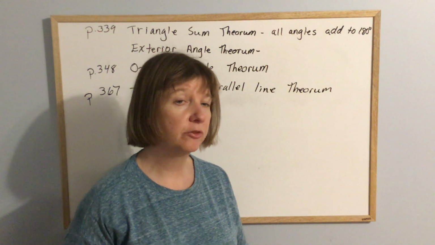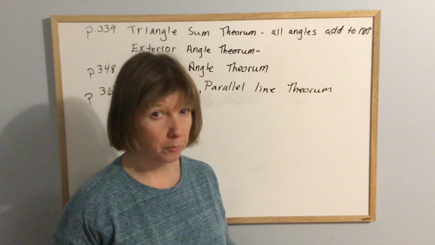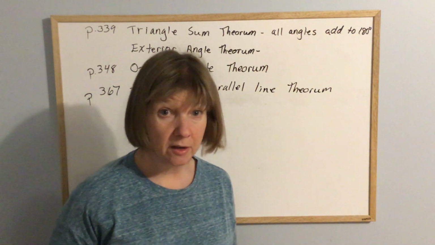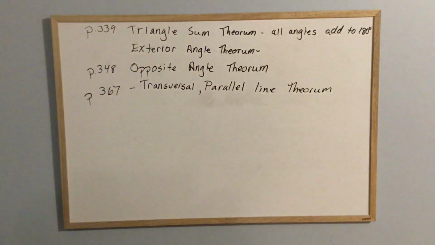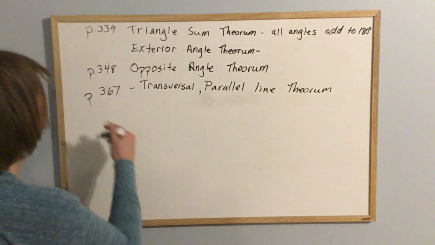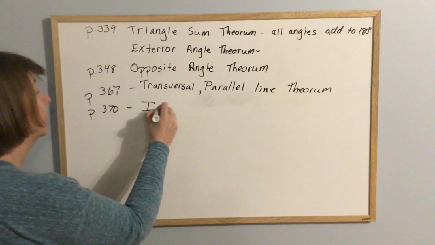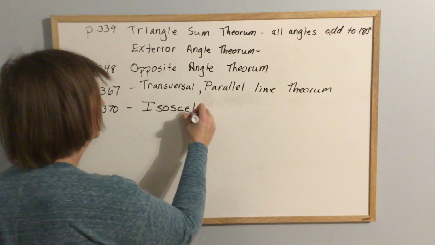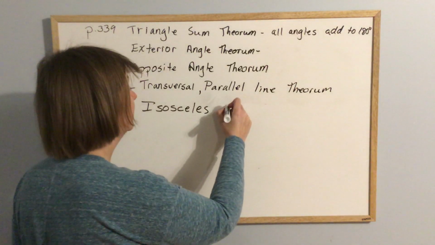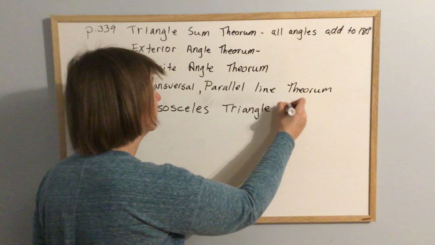Maybe we would do a live chat on it, but I know it's not going to be that important for later on. One theorem that is important is on page 370, and that is the isosceles triangle theorem.